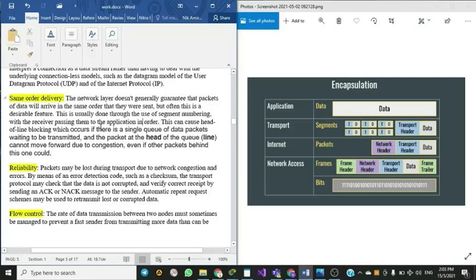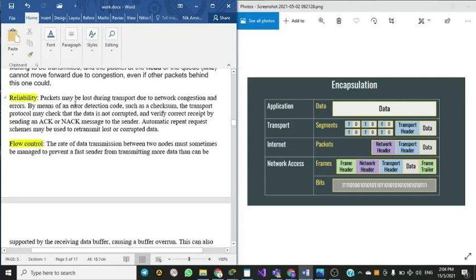This avoids head-of-line blocking, which occurs when a single queue of data packets cannot move forward in the connection, even if others behind it could. So this is actually a good thing.